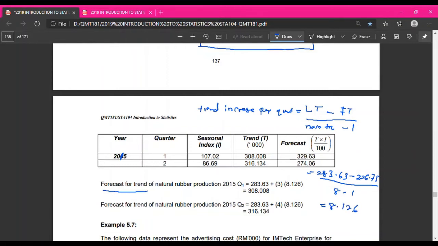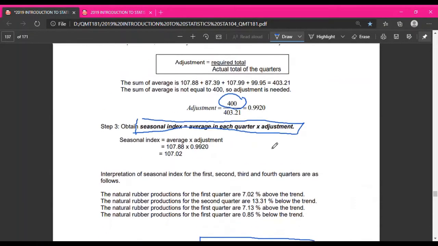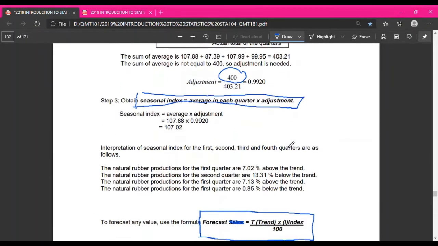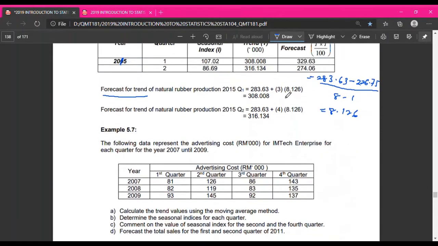Here, the last trend plus the increment for the first quarter of 2015. We calculated earlier that the increment is 3: 1, 2, 3 for the first quarter 2015. That's why it is 3 here, multiplied by the trend increase per quarter, and you will get 308 here. For the second quarter, the method is the same, only the increment is 4, as we calculated above. So the value is 316.134.